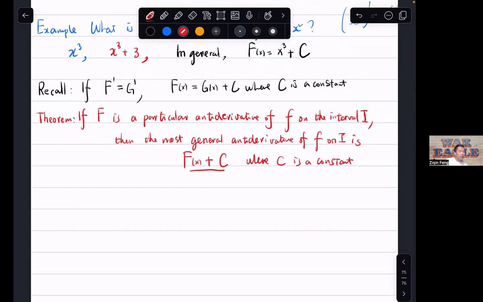So let's try using our knowledge of differentiation to get a particular antiderivative for the list of elementary functions, and also we want to get a particular antiderivative.